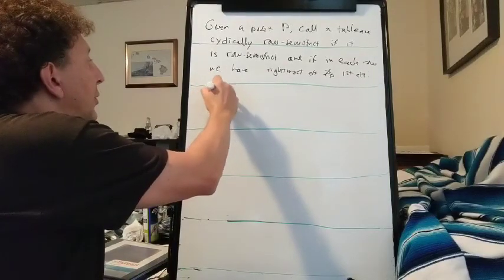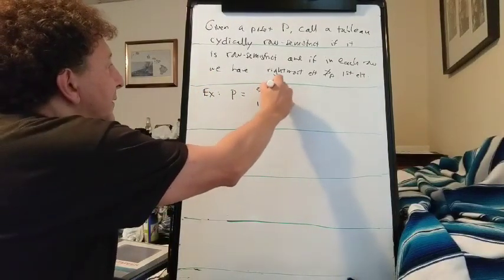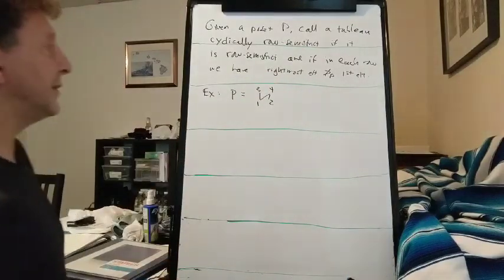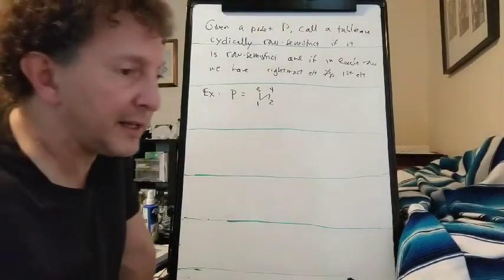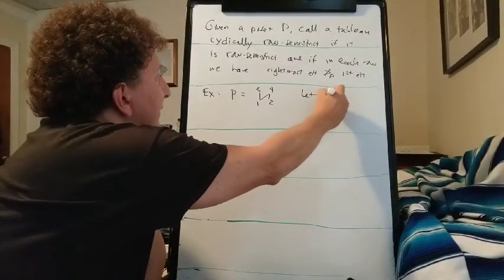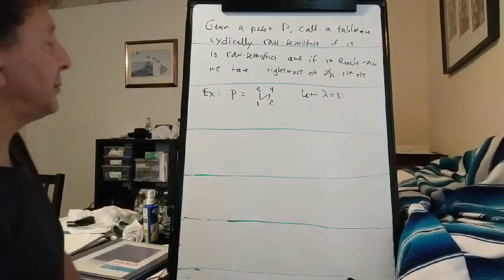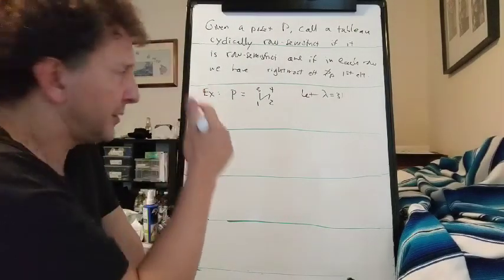So for example, let's say P is the poset on these four elements. It looks kind of like an N, and let's let lambda be 3, 1, and we'll draw cyclically row-semistrict P tableau of shape 3, 1.